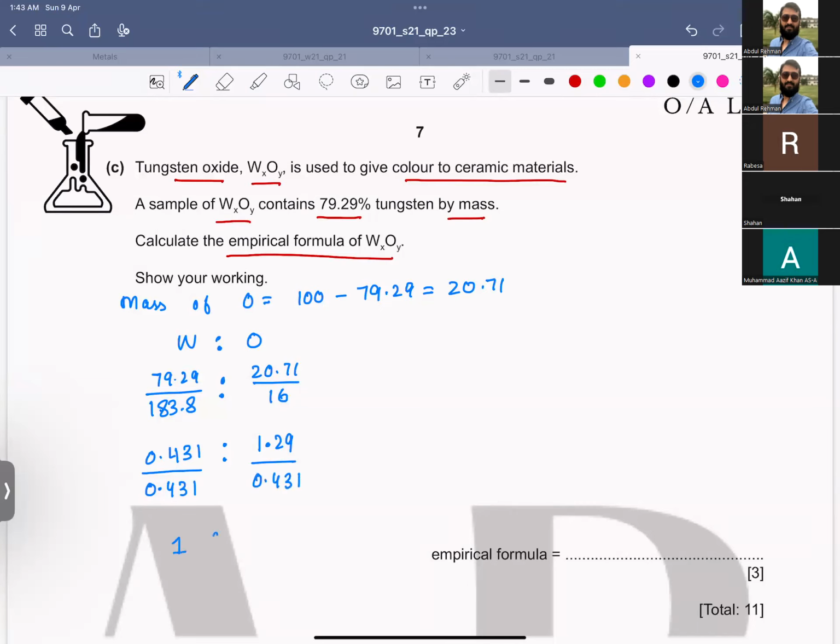Here I got 1, and for oxygen you got 2.99, which rounds off to 3. So the formula would be WO3. Is this clear to everyone?